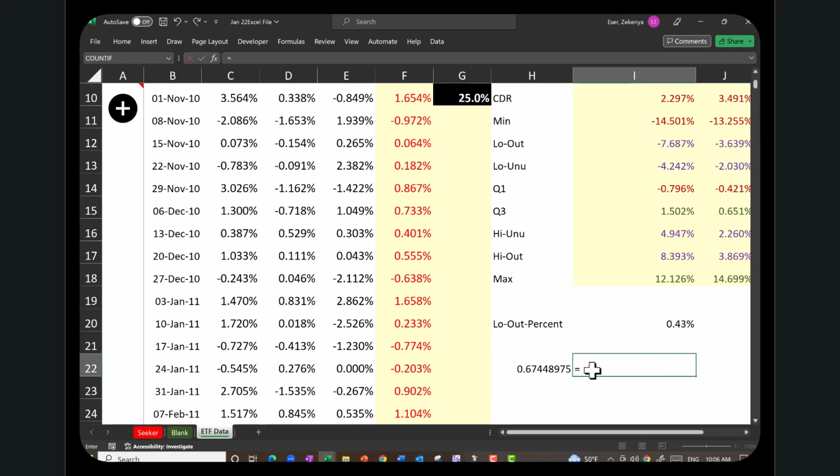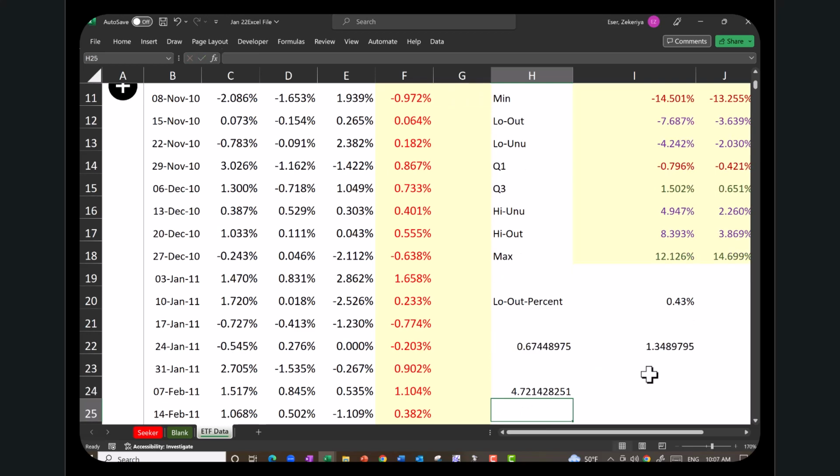So IQR is going to be 2 times that. So the boundary to call something outlier is on the positive side, Q3 plus 3 times that. So we're talking about 4.72. That's the boundary.